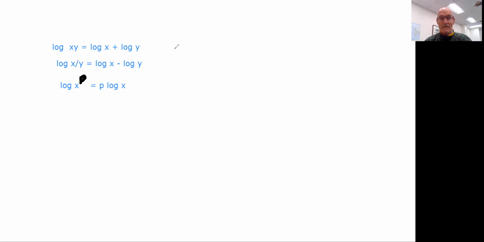So if you look at a couple of problems, for instance, I have log base 4 of the fifth root of 64.